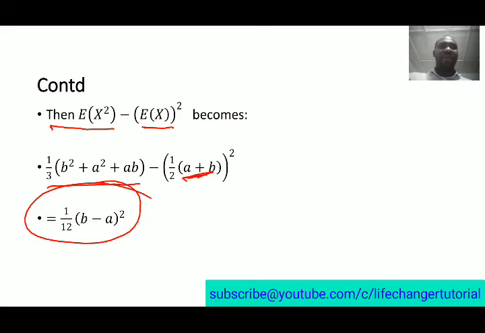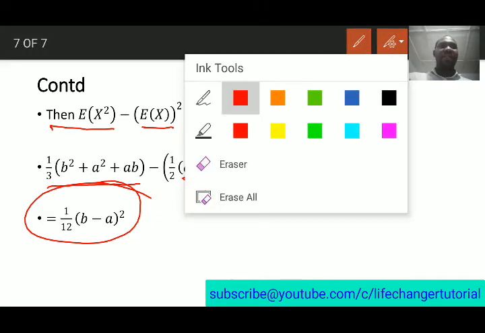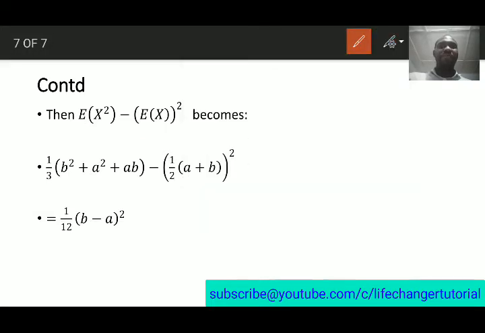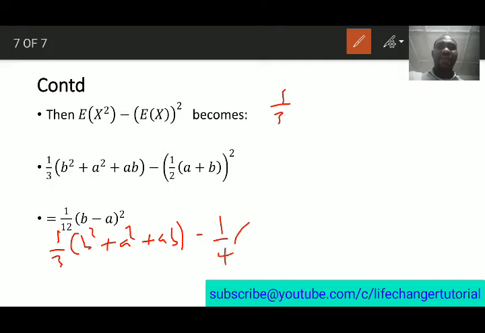Okay, but let me quickly show you how that is possible. That will be 1 over 3 into (b squared plus a squared plus ab) minus 1 over 2 squared, which is 1 over 4 into (a plus b) all squared, meaning a squared plus b squared plus 2ab.